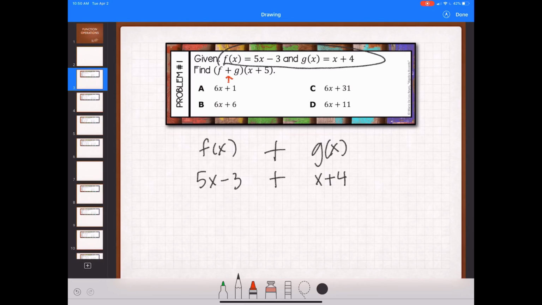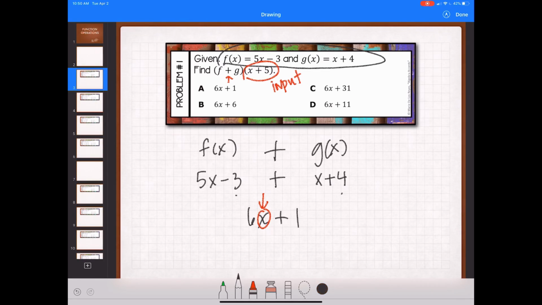So combine like terms, 5x plus x is 6x. Negative 3 plus 4 is positive 1. We're not quite finished yet because we haven't done the second step. The second step is to plug in. We're going to plug in this input. So this is the input value. The input's going to go inside the x value.